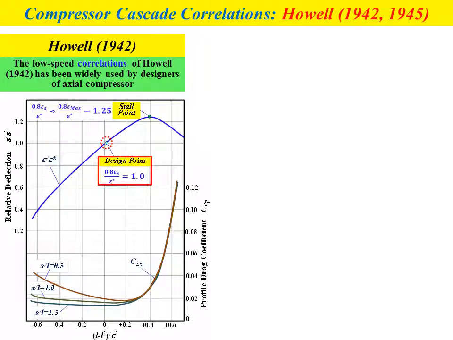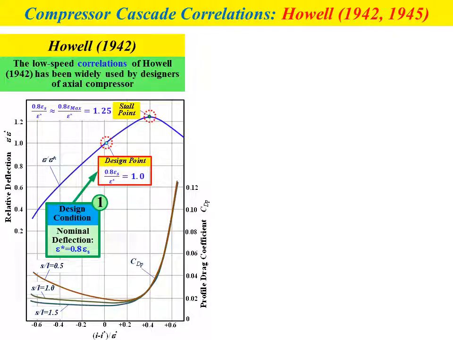At the design point, the ratio 0.8 multiplied by stalling deflection angle divided by nominal deflection angle equals 1.0. So if you refer to the original equation, at the design condition we have the first correlation introduced by Howell, which is the correlation for nominal deflection. So nominal deflection angle equals 0.8 multiplied by stalling deflection angle.